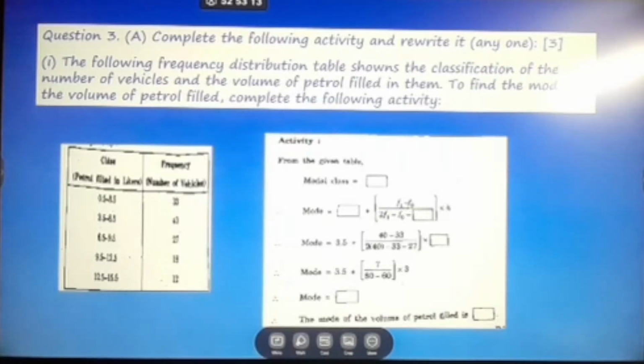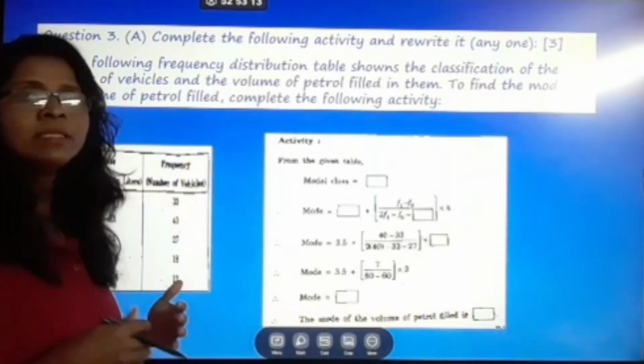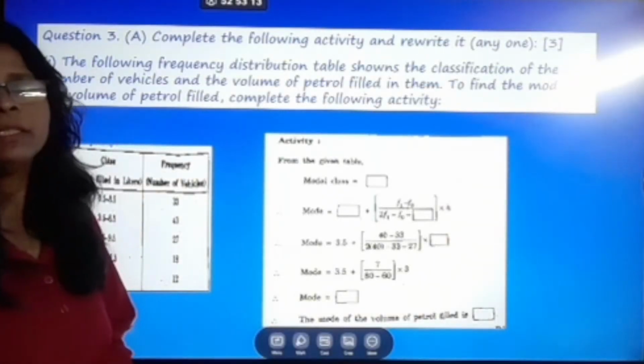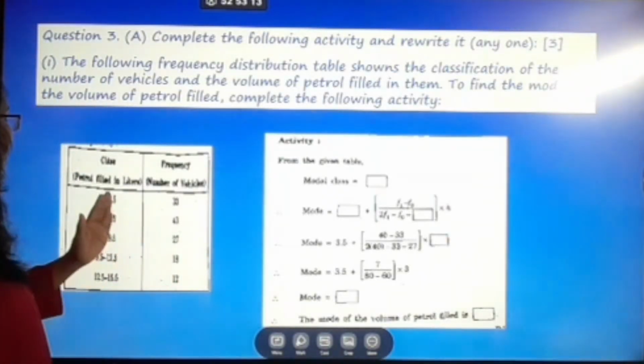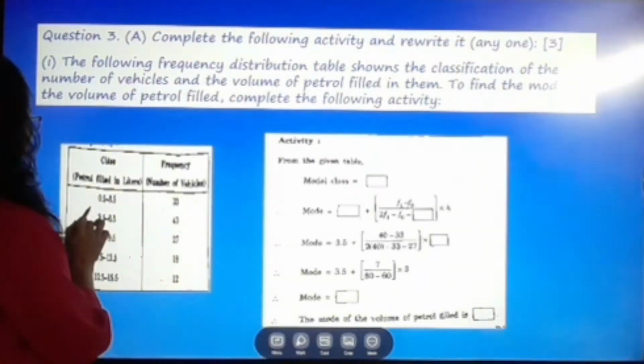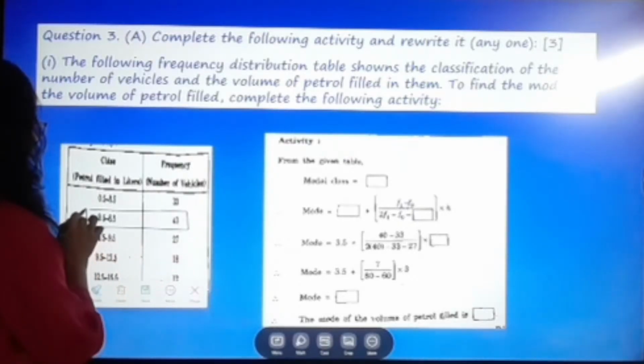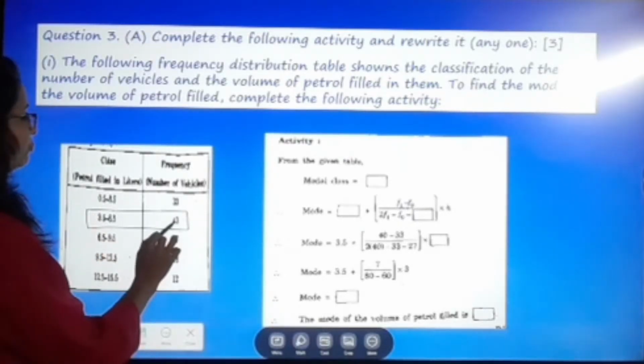Which one is the modal class, students? The modal class is the one with the highest frequency. See the table here, the highest frequency is 40.